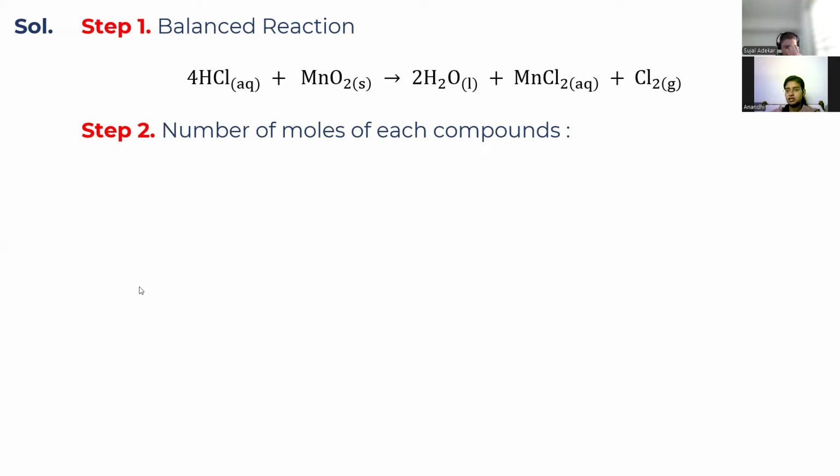What is the number of moles of HCl? It will be given mass by molar mass. The given mass of HCl is 10.95 grams. And what is the molar mass of HCl?